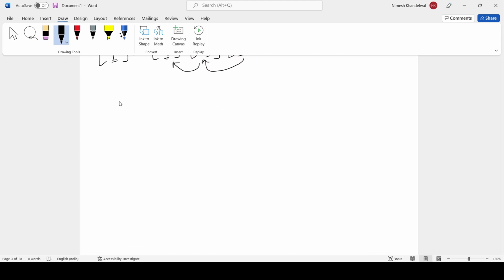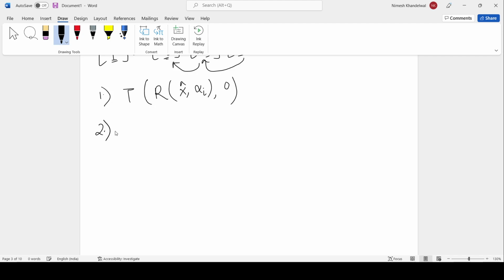It means that if I call transformation 1 a rotation about the x-axis by angle alpha I, and let us just write this also, that there is no translation as of now.